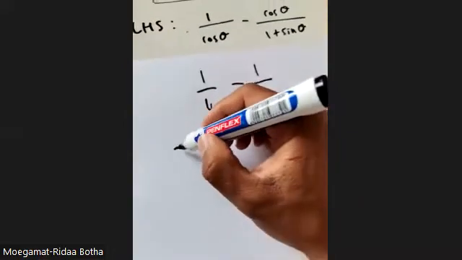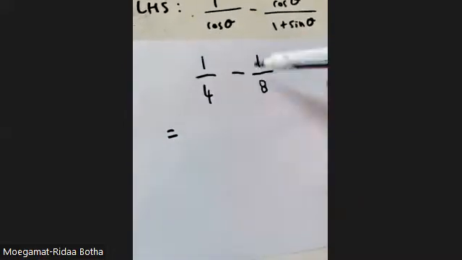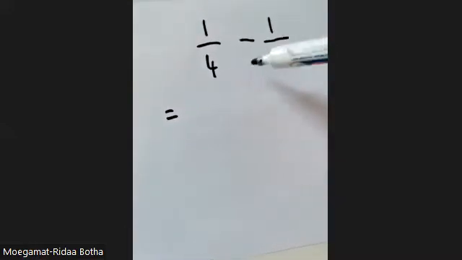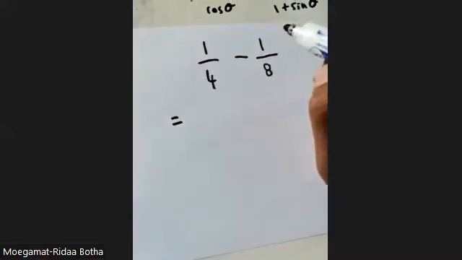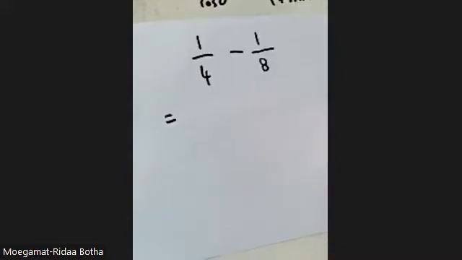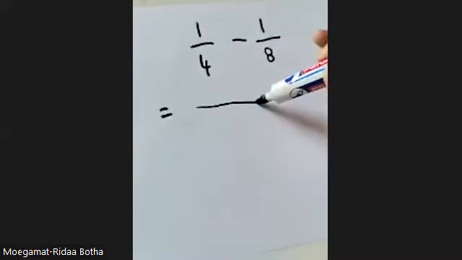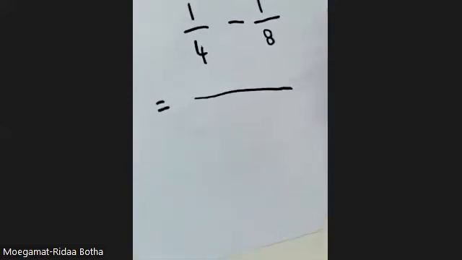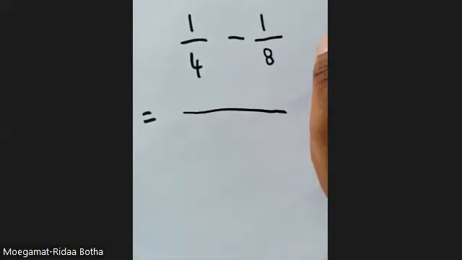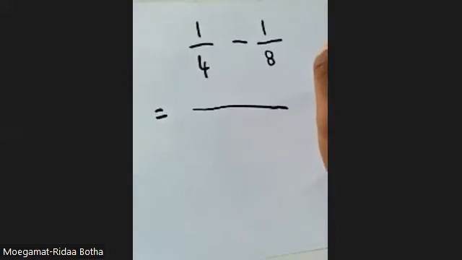Okay, so now how will you simplify this? How will you solve for this? What's the first step you will do? LCD. Without using a calculator. There we go, LCD. So what's the LCD? 8.